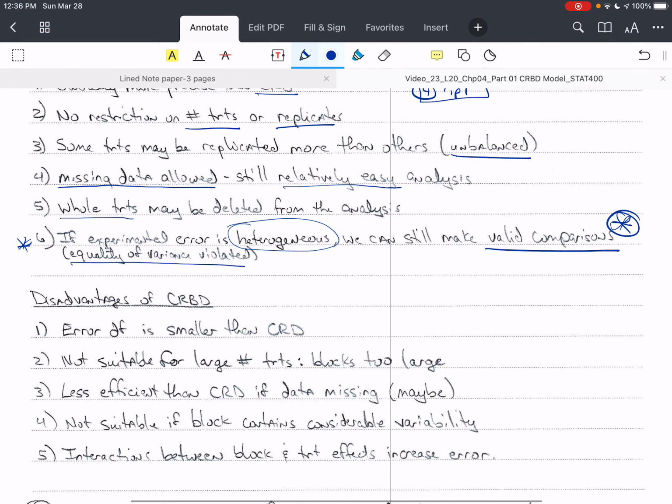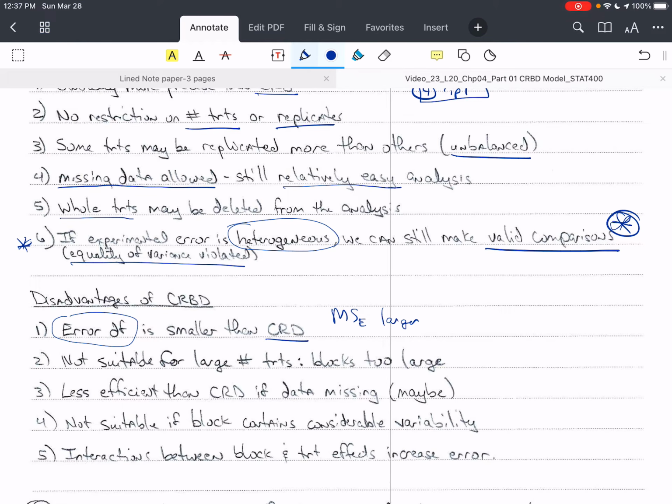Okay? The disadvantages. The error degrees of freedom is smaller than it is in the complete random design. That makes MSE larger. However, that does make it look larger, but we're also taking error out to the blocks.